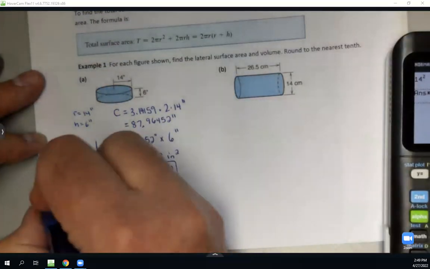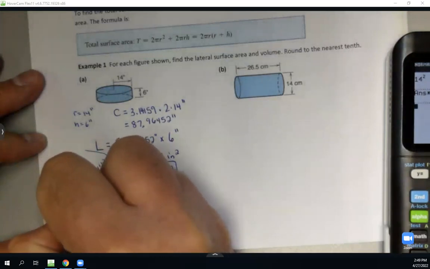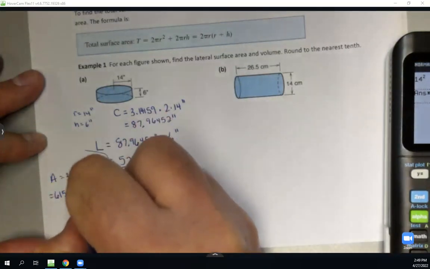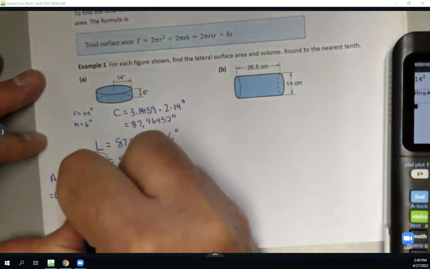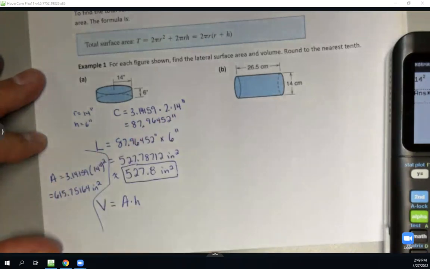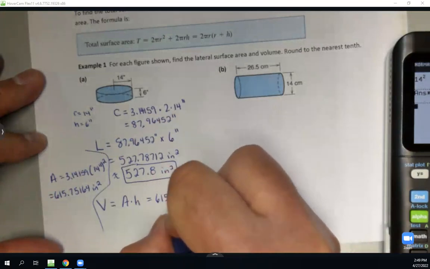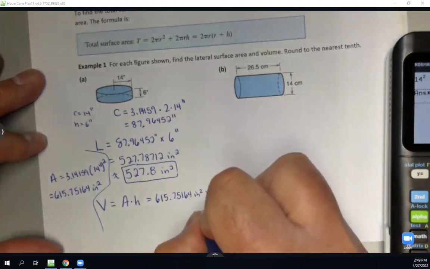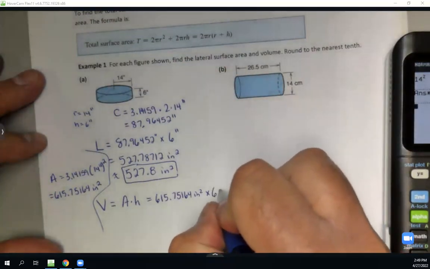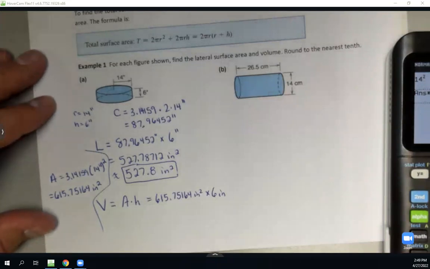So that is 615.75164. That should have been inches. I put feet. So this is going to be square inches. So my volume is going to equal the 615.75164 square inches times the 6 inches. Makes sense?